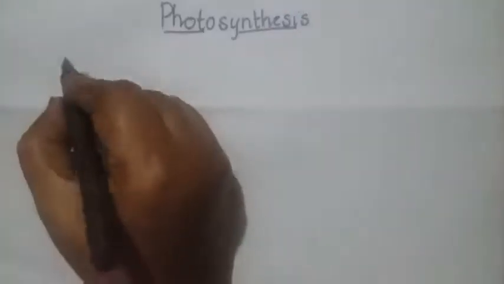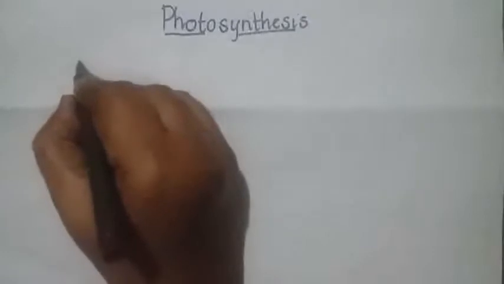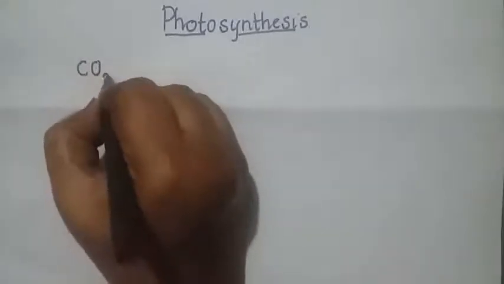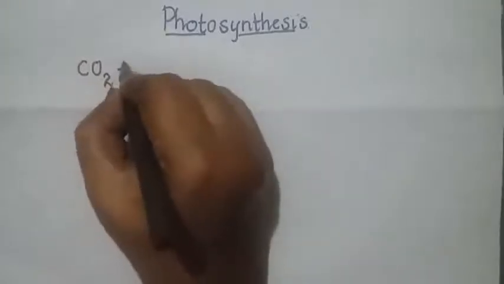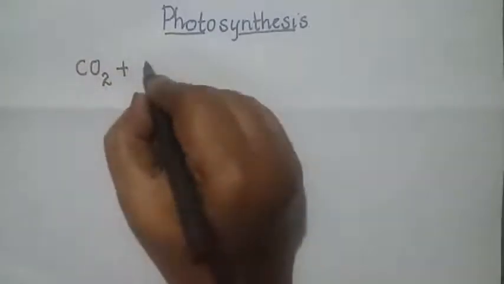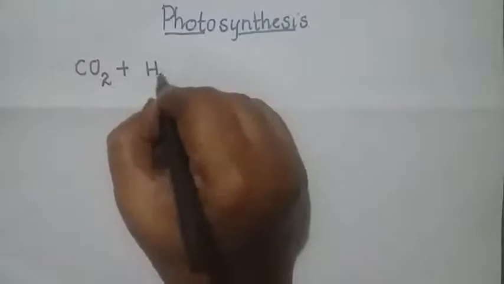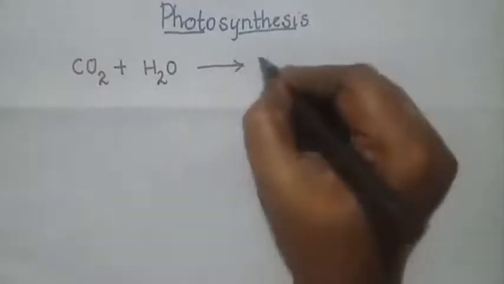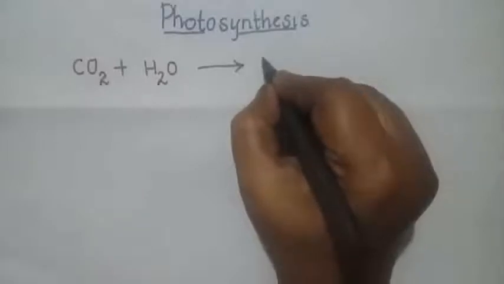So how do we define this word photosynthesis? In fact, before we define the word, let me write the equation that represents photosynthesis. Based on this equation, you can define the entire process.